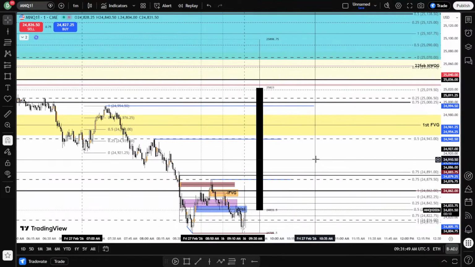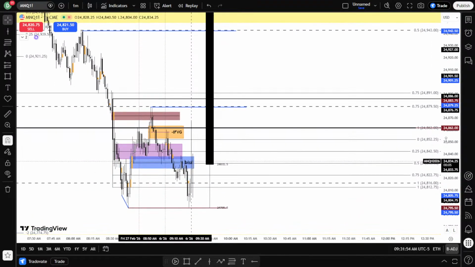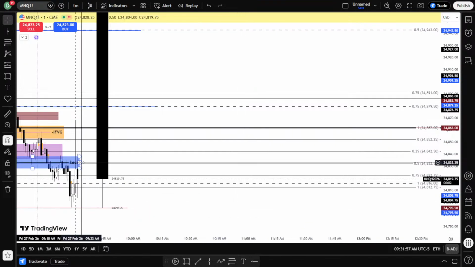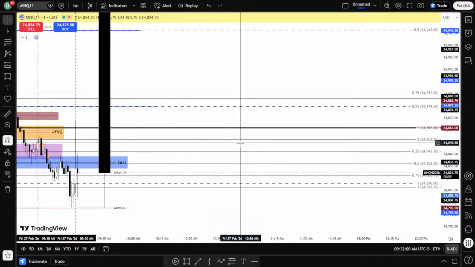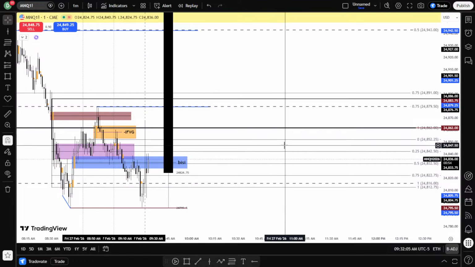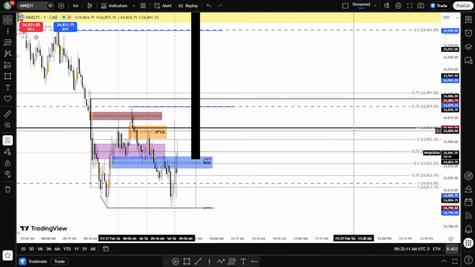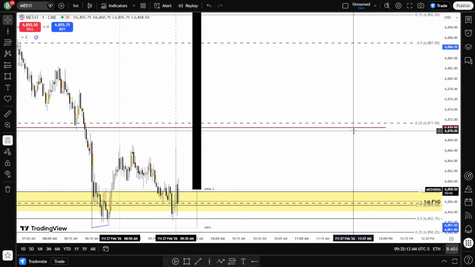Move back to the electronic trading hours and let's see. If eventually it wants to move lower, first it will move up, take out the people, and then move lower.